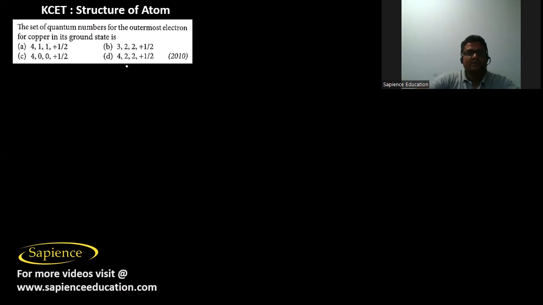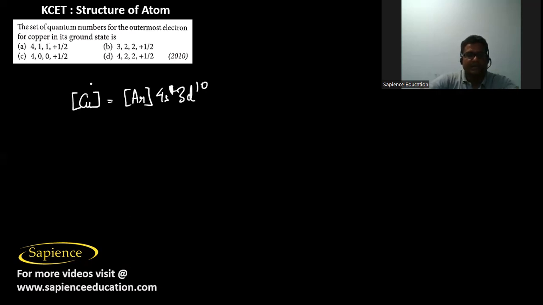Then here it is told: the set of quantum numbers for the outermost electron for copper in its ground state. So the electronic configuration for copper is argon 4s2 3d9, or I can say 4s1 3d10.